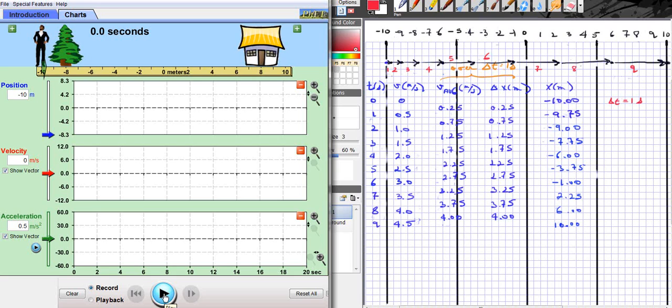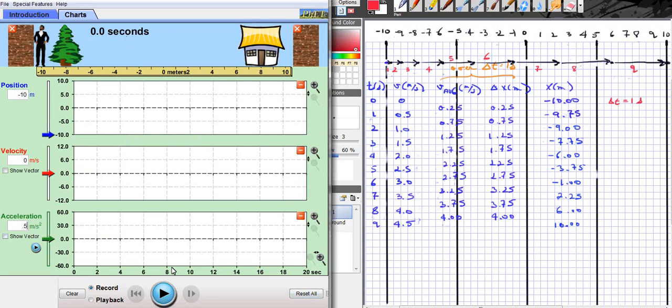Okay, so here we go. Just making sure I have everything set up correctly. Oh, hang on a sec. Let's start that again, because I want them to start at minus 10. Minus 10 and 0.5.